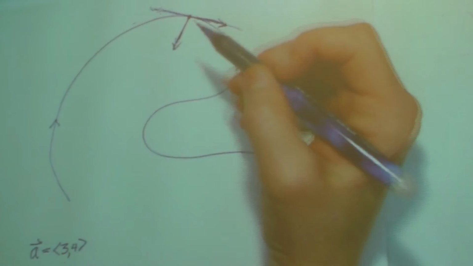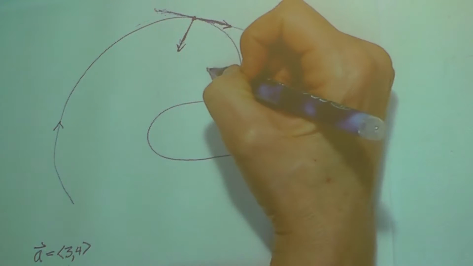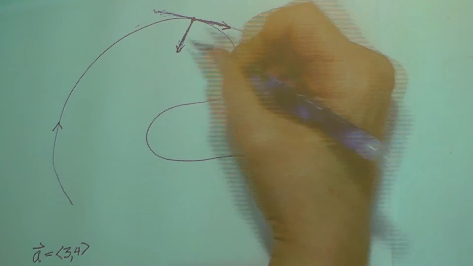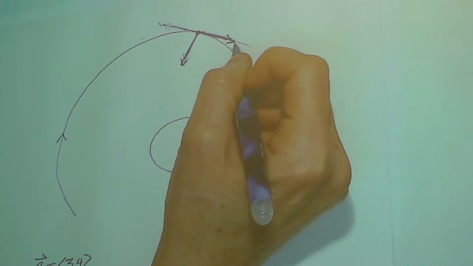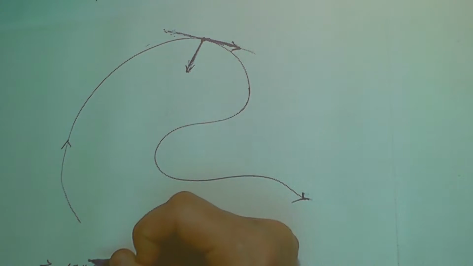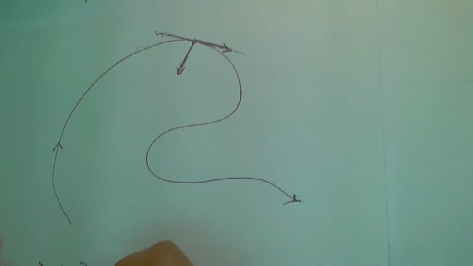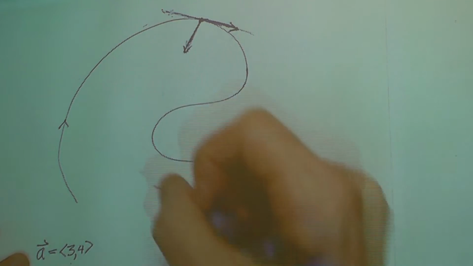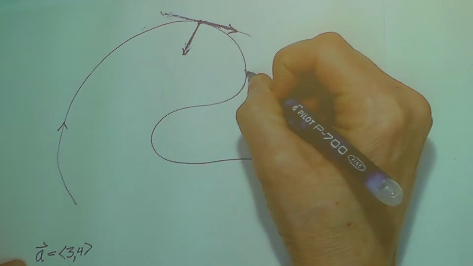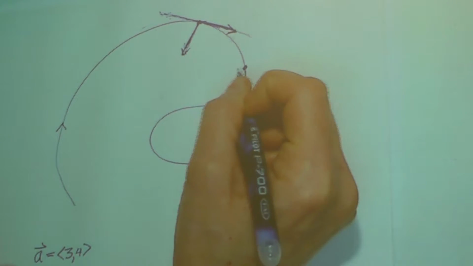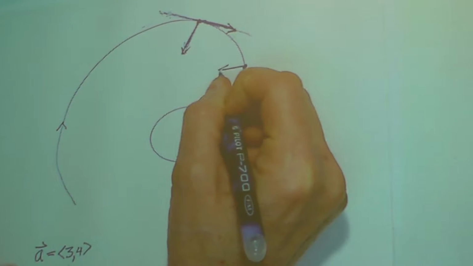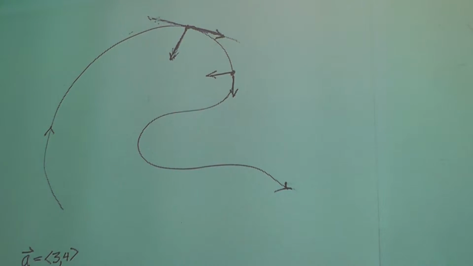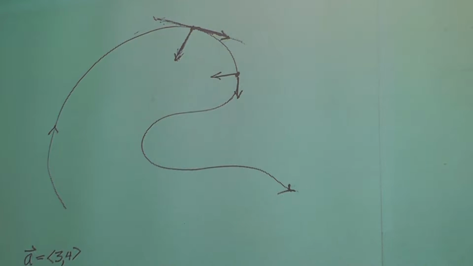Because what's important here is how much of this acceleration is in this direction and how much is in this direction. It's not helpful to look at acceleration in terms of x, y, and z directions. Not only is it not helpful, but if I move to another place, these are the directions that are important.